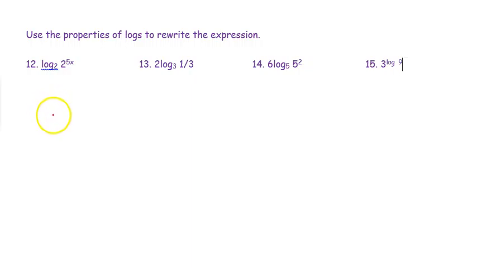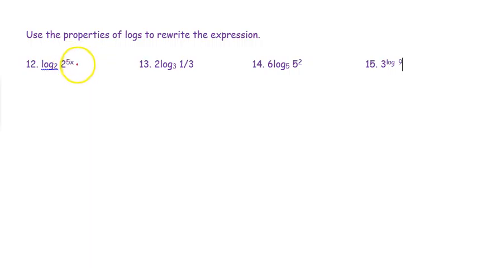Okay, for the last type of problem that you're going to see today, we're going to use the properties of logs to rewrite each expression. And it is going to, again, be something that is involved with the logarithmic or exponential form that we can see. So the first one, 2 is the base, and 2 is in the answer. That's going to factor in.